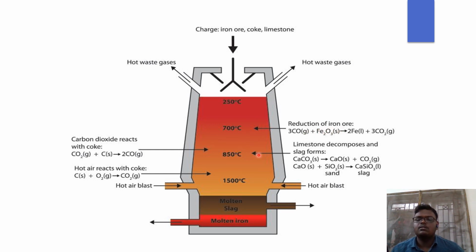At 850 degrees Celsius, limestone decomposes and slag forms. Carbon dioxide reacts with coke. At 1500 degrees Celsius, hot air reacts with coke, which results in molten iron. Molten iron leaves the blast furnace through this outlet, and the molten slag leaves the blast furnace through this outlet.